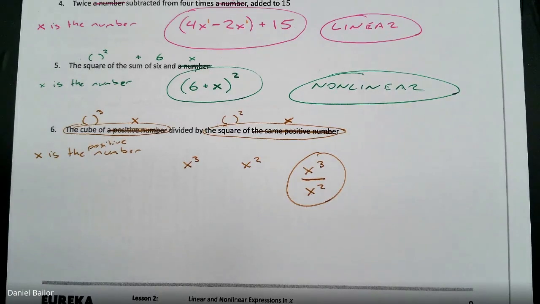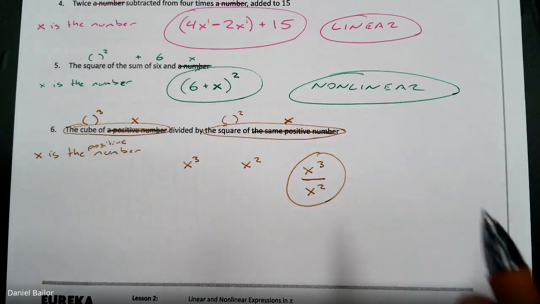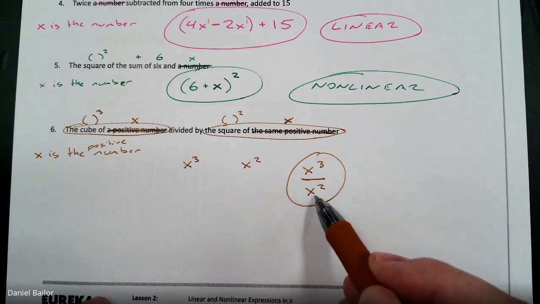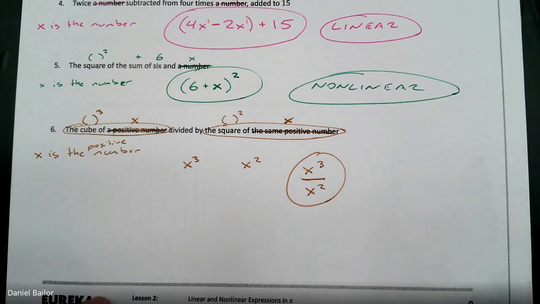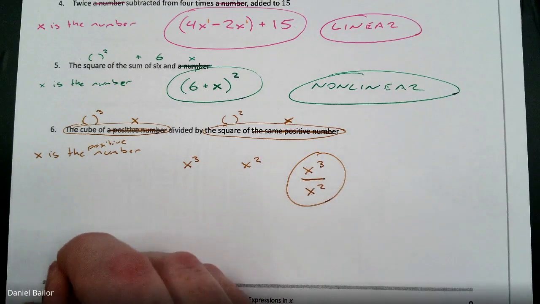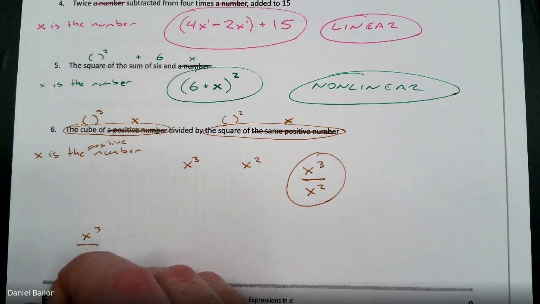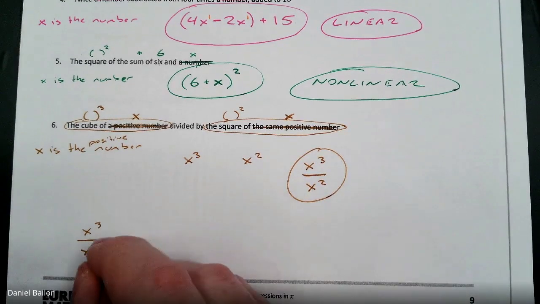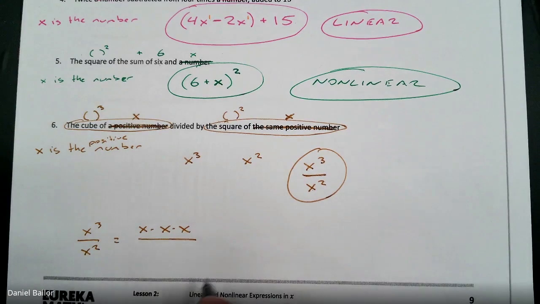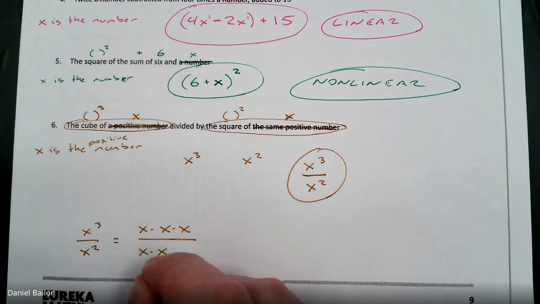Because in module 1, what happened when we divided the same variable? What are the exponent rules we learned in module 1? Let me stretch this out. We have x cubed divided by x squared. That turns into x times x times x in the numerator and x times x in the denominator.